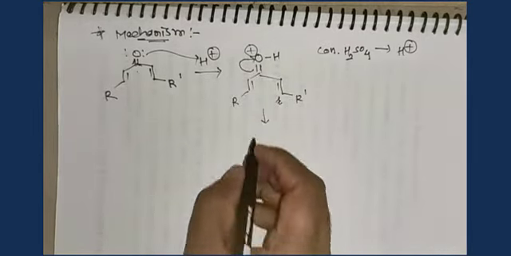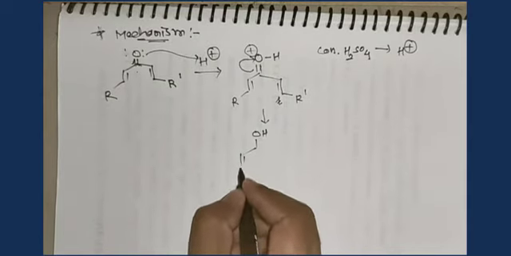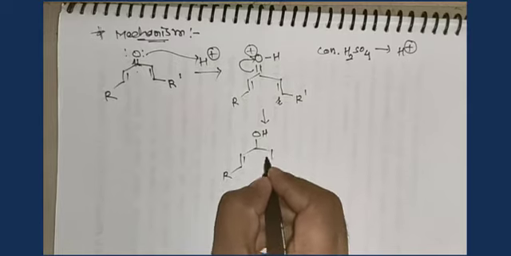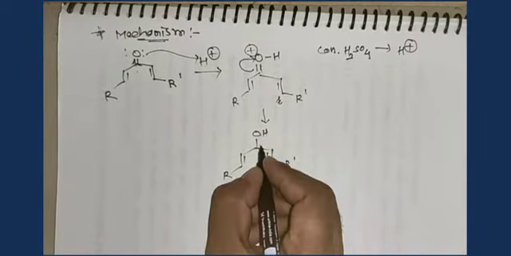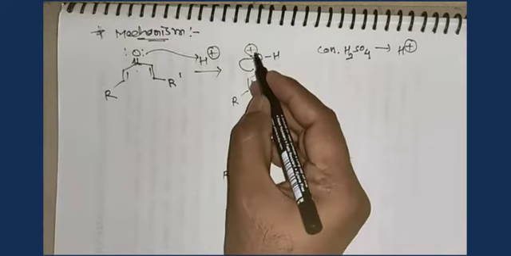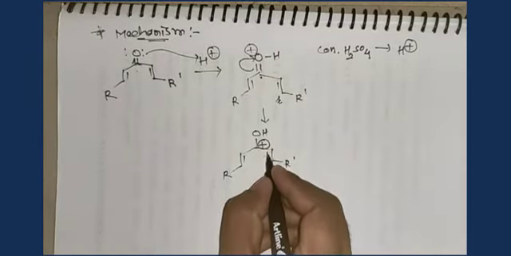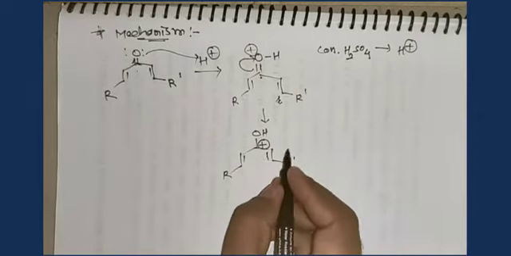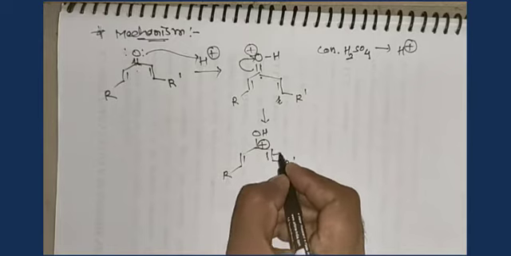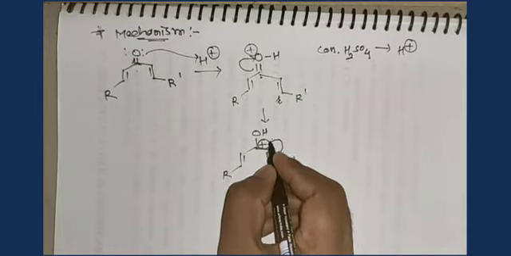So in the first case here OH, the double bond as it is, and this positive charge of oxygen is transferred to the carbon. Clear? Again this positive charge is transferred, and this double bond is transferred to this.